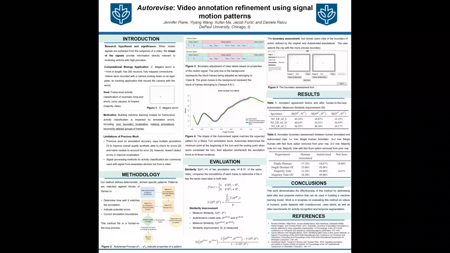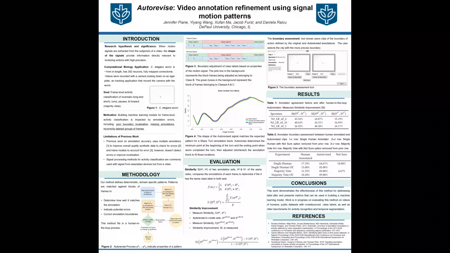Figure 3 describes how the starting and ending locations of a block of annotations are adjusted. The first property of the pattern was determined to be located after the annotation block had started, and the last property of the pattern was determined to be located before the annotation block had ended. The boundaries of the annotation were then revised.